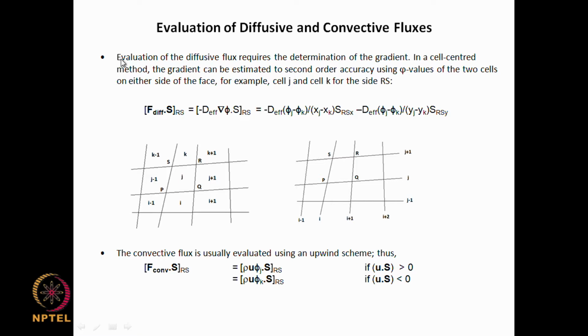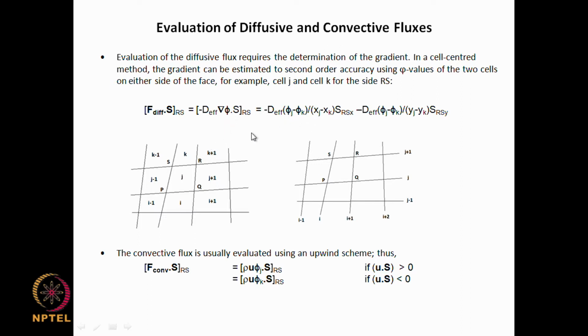In a cell centered method like this, the gradient is evaluated using the cell value here and the cell value here. For example, the diffusive flux F dotted S can be given as minus D effective, that is the diffusivity, times the gradient of phi dotted with S. We know how to evaluate this S. We are looking at how to evaluate the gradient in such a way that it is consistent.